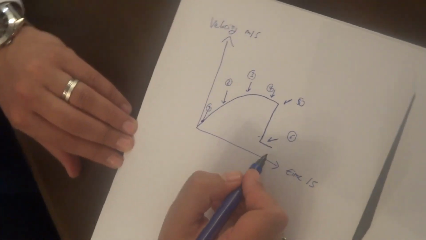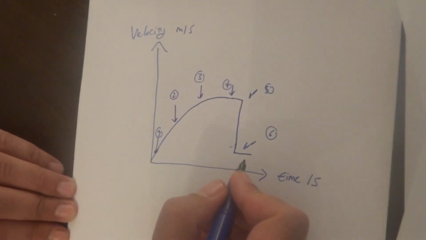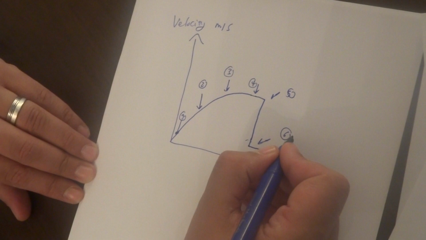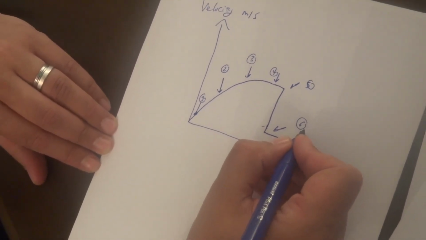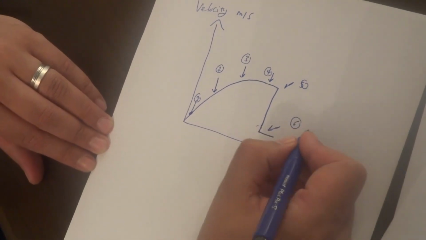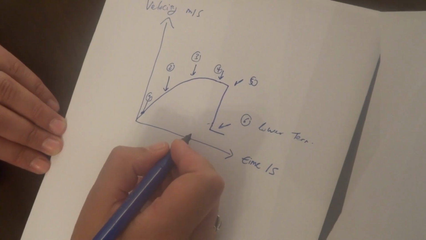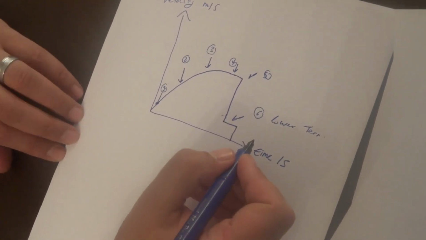Because velocity decreased, the air resistance also decreases, and at this point air resistance balances the weight, and again the parachutist will have a constant terminal velocity. We call it the lower terminal velocity, and finally the skydiver can land.